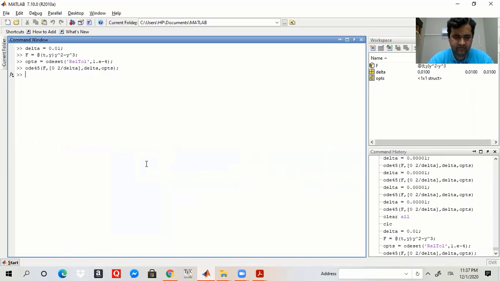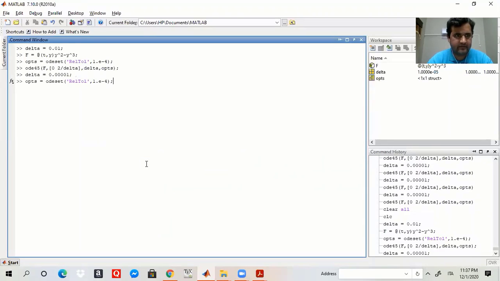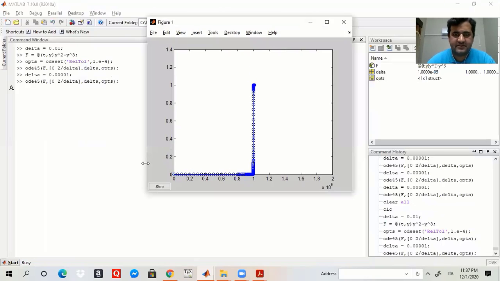If I use delta to be even smaller, and then I call this, you will see like this. Wow.